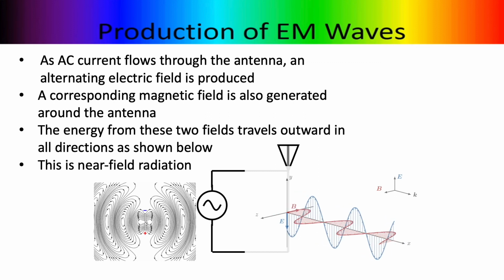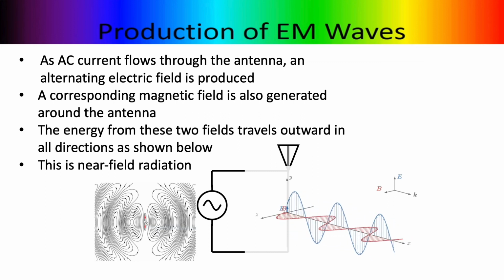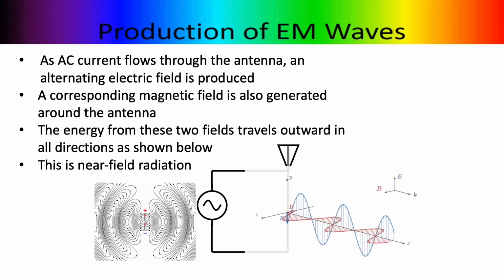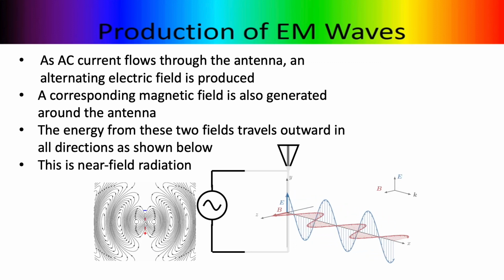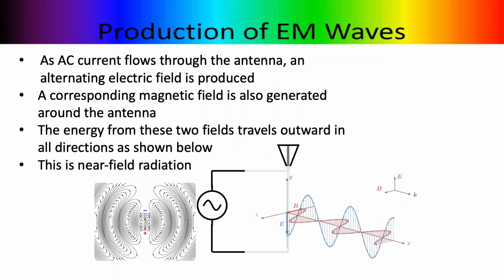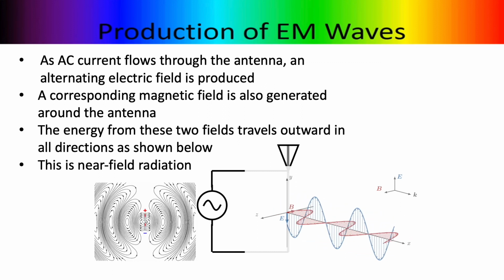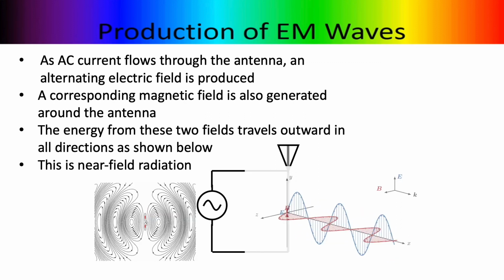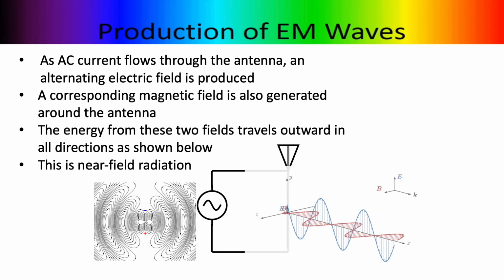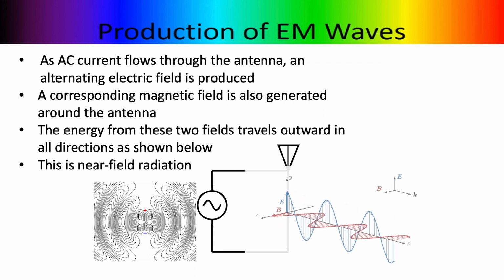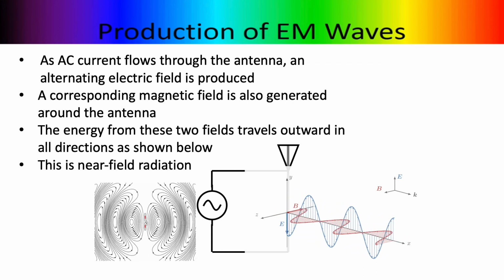Now let's look at the basic idea behind an antenna and how it produces electromagnetic waves. If we have an AC source as shown attached to an antenna, current's going to flow up and down along the antenna, so there's going to be an alternating electric field as shown. And since current's flowing, there will also be an alternating magnetic field circling the antenna as shown.